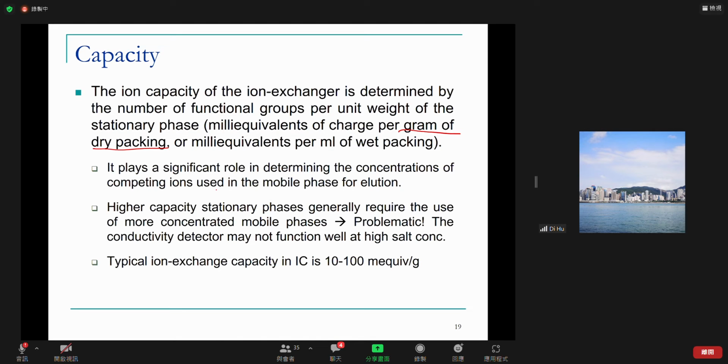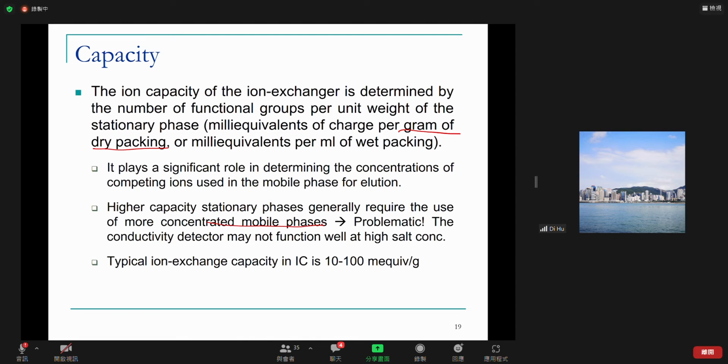Higher capacity stationary phases generally require the use of a more concentrated mobile phase. That is sometimes not necessary, and it requires an unnecessarily strong eluent. That can cause problems. Why? Because if we're using a conductivity detector, all the ions are conductive.